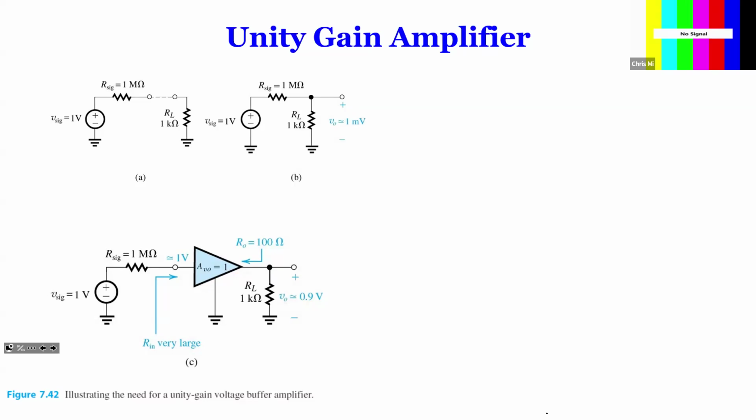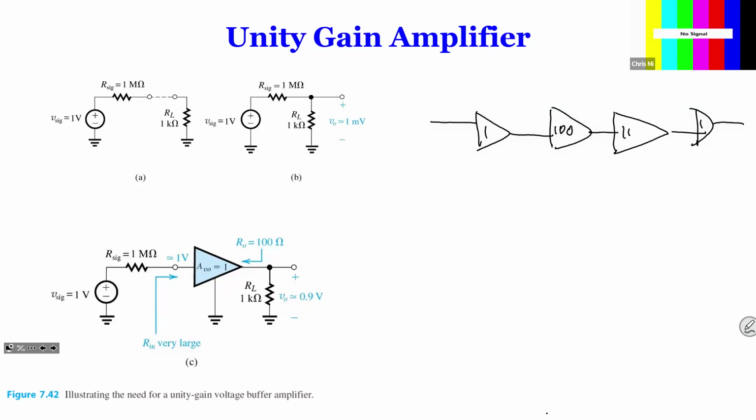So typically, you have input coming in, and this unity gain stage is just good for decreasing the output resistance. Decrease the output resistance, increase the input resistance.